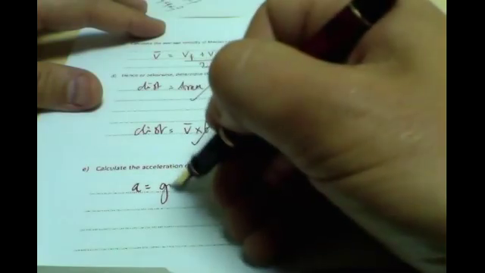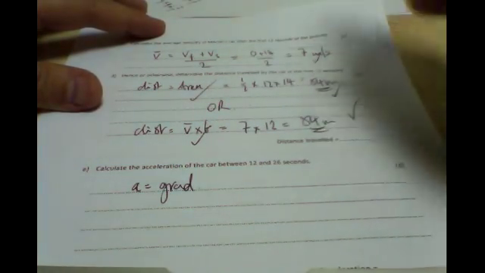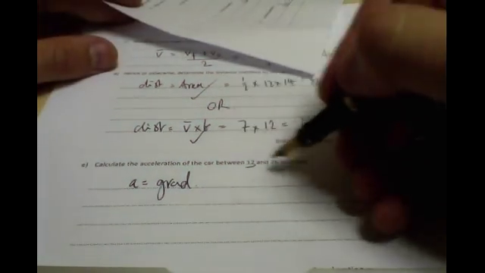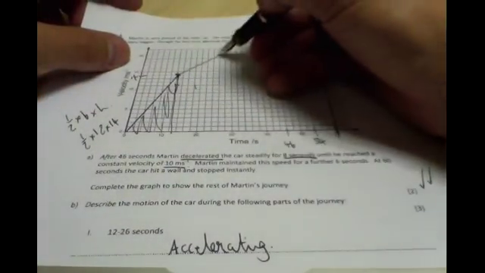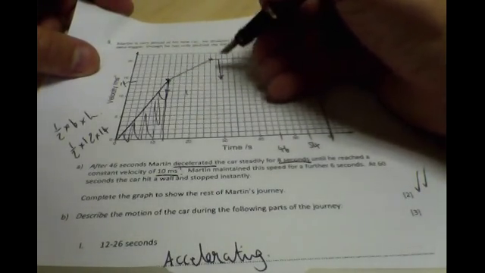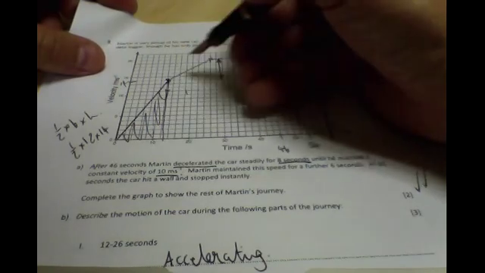Okay, acceleration is the gradient of a graph. And we're looking between 12 and 26. Between 12 and 26, what's the gradient here? Well, we're looking at the change, the rise over the run.